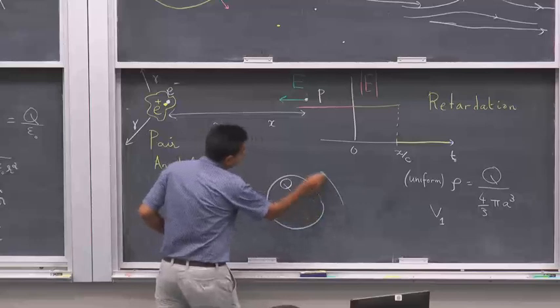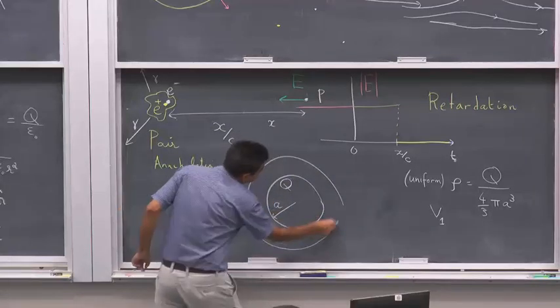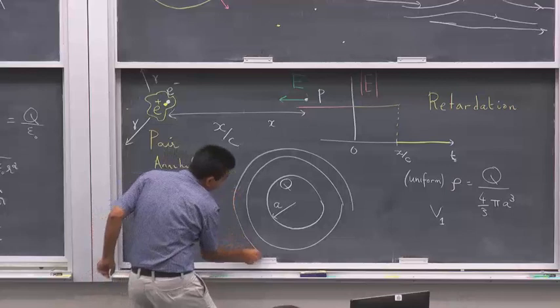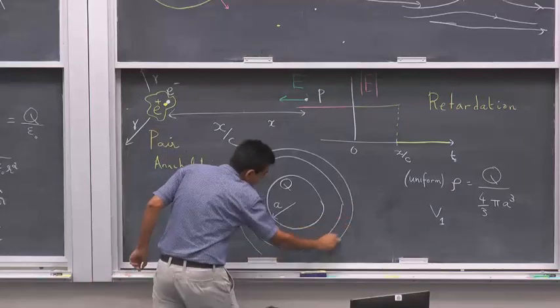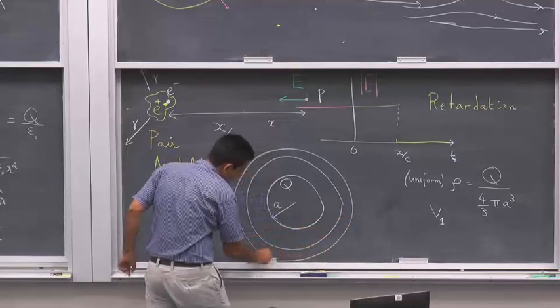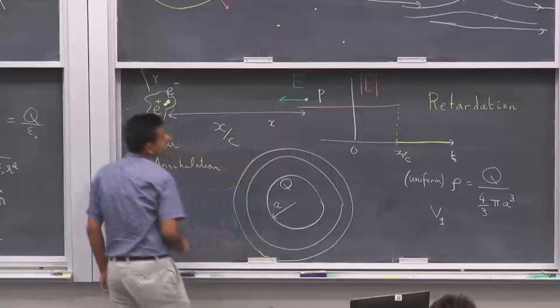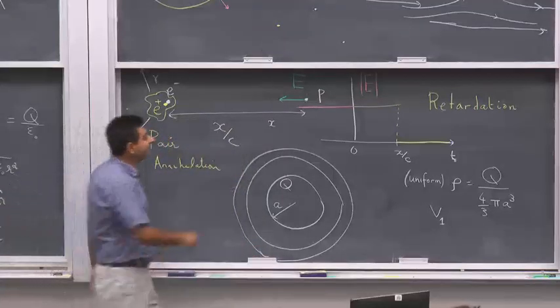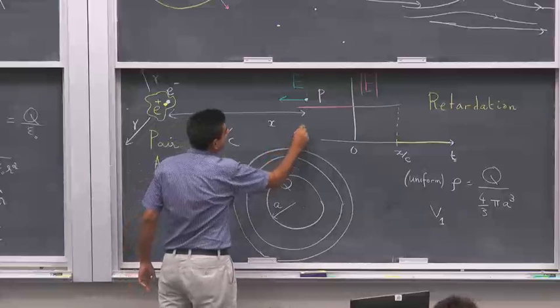Outside this insulating sphere, I have a ring. Alright? Now this is a metallic ring.